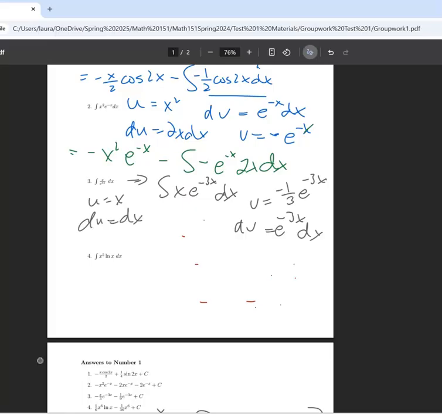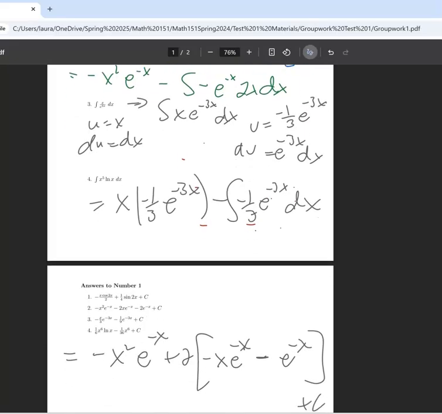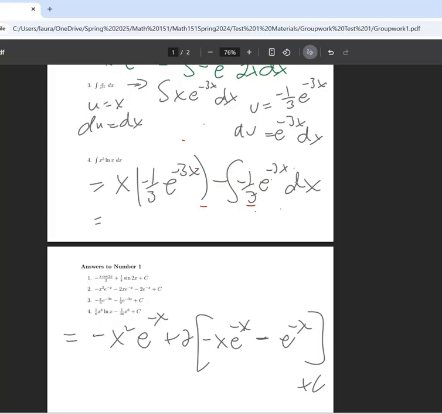Okay, so put that together. So I get uv, x times negative 1/3 e to the negative 3x, minus the integral of v, negative 1/3 e to the negative 3x, du. Okay, it always is helpful to just worry about pulling the numbers on the outside before you go worrying about taking the antiderivative.